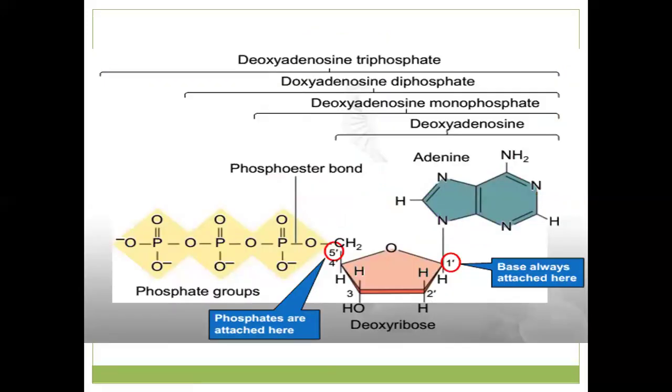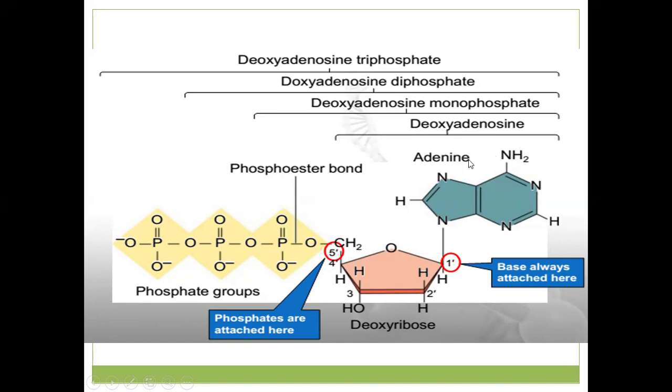So this is just the structure of the nucleotide. Remember, I said starting with the nitrogenous base, you can see the nitrogenous base here, which is adenine. When the adenine is attached to a deoxyribose, we have deoxyadenosine.